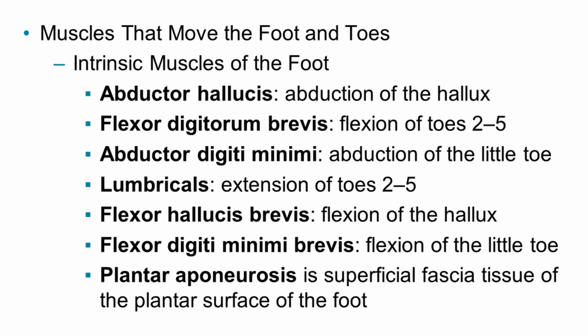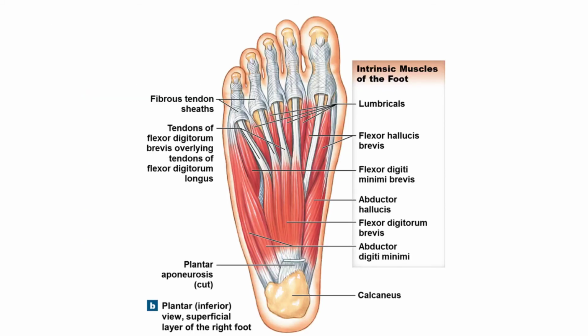The intrinsic muscles of the foot include the abductor hallucis, the flexor digitorum brevis, the abductor digiti minimi, the lumbricals, the flexor hallucis brevis, the flexor digiti minimi brevis, and the plantar aponeurosis. The abductor hallucis abducts the hallux, whereas the flexor hallucis brevis flexes the hallux.